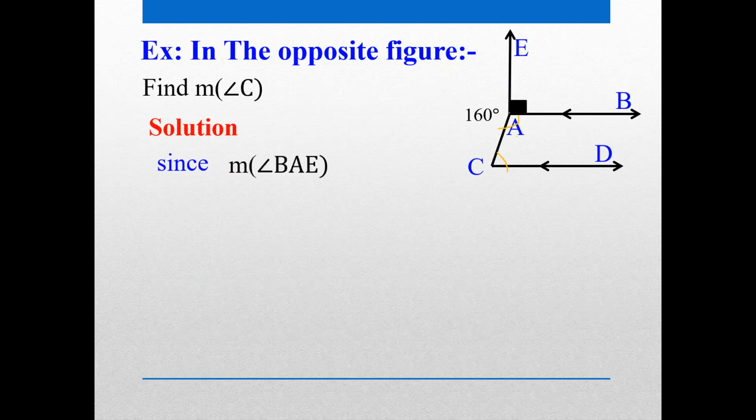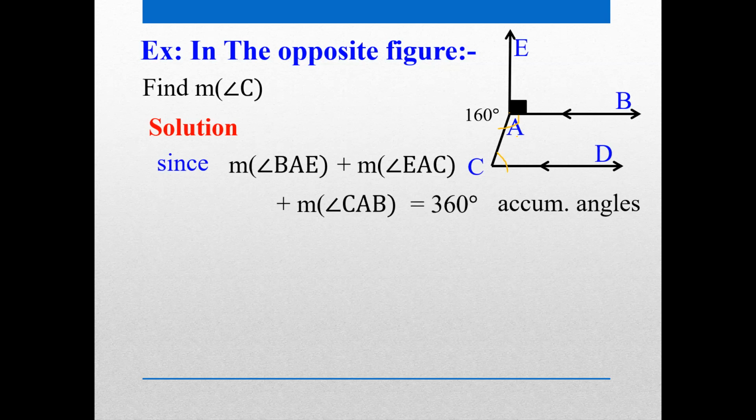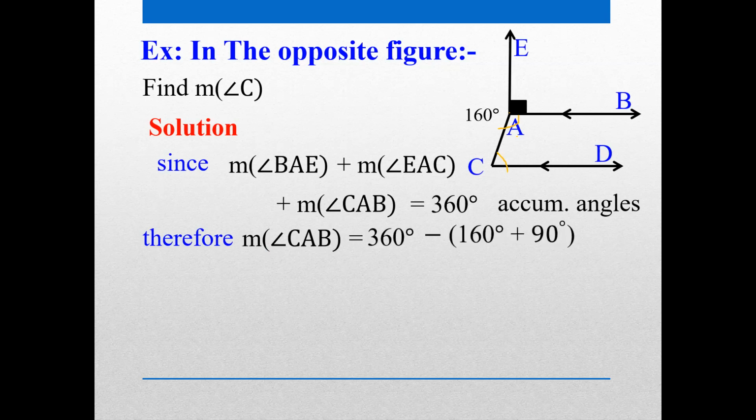So we can find the measure of angle BAC, since the measure of angle BAE plus the measure of angle EAC plus CAB equals 360 degrees. Therefore, the measure of angle CAB equals 360 minus 90 plus 160 degrees, equals 110 degrees. So the measure of angle BAC is 110 degrees.